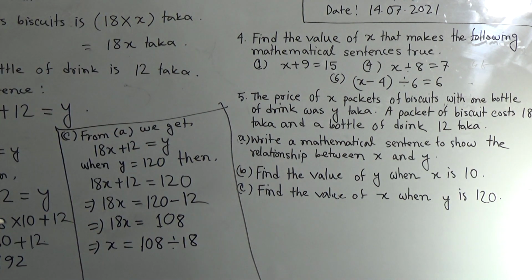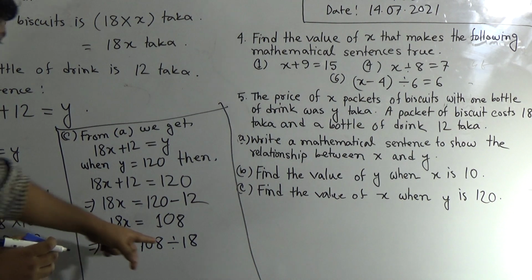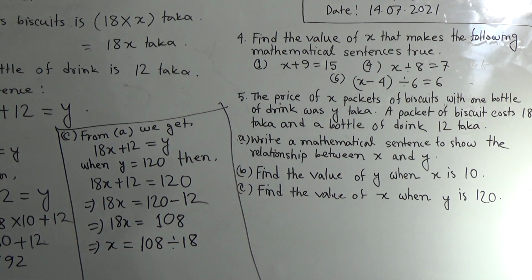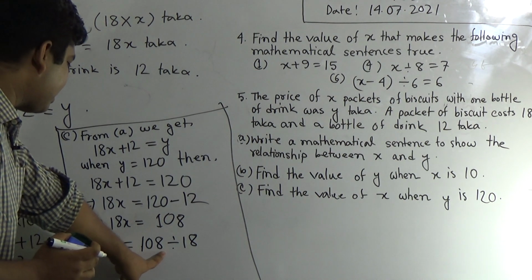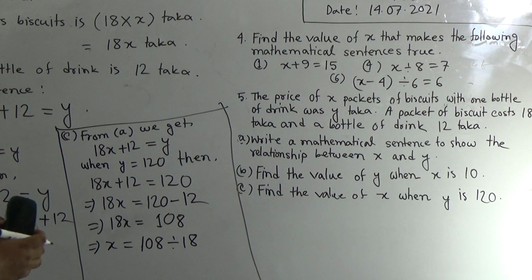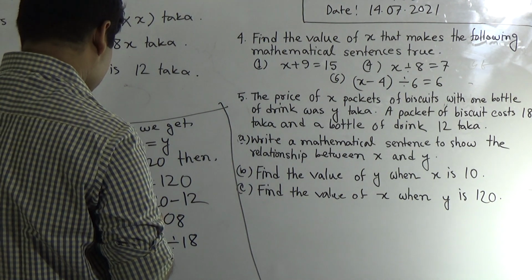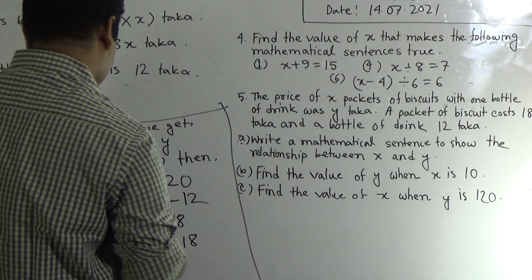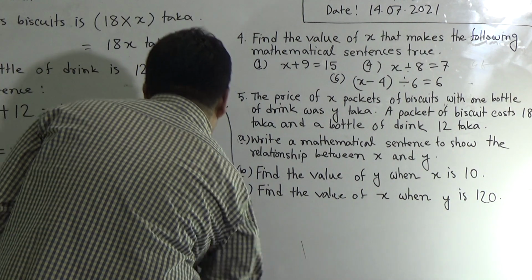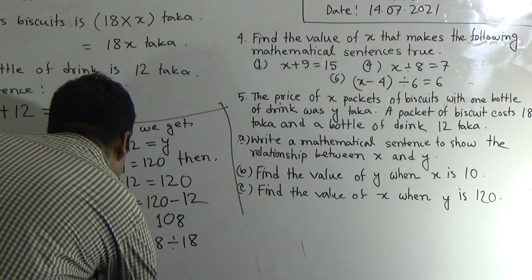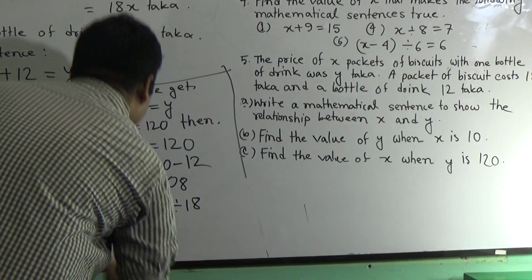So now we divide 108 by 18 and we get, please notice, 6. That means X equals 6.